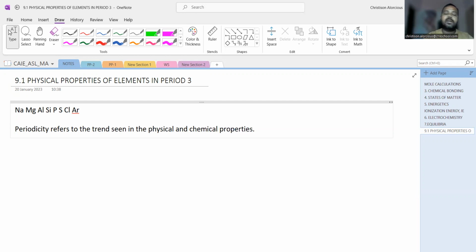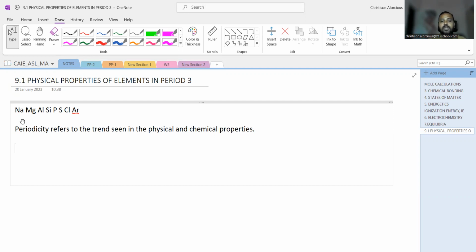You find that there is a gradual change, a gradual variation in the physical and chemical properties of elements. You find periodicity across the period. You also find periodicity down a group. But our discussion today deals with the periodicity in period 3.